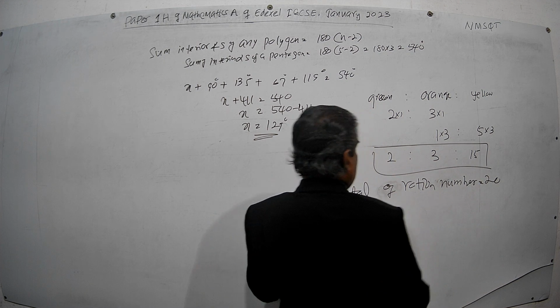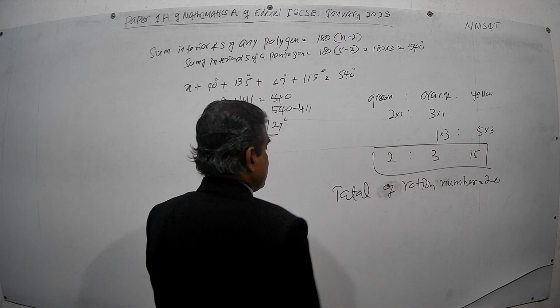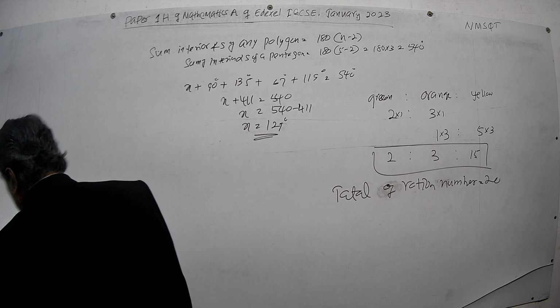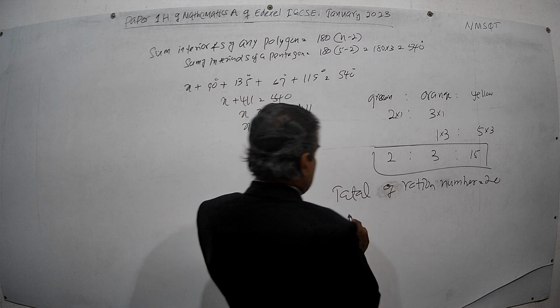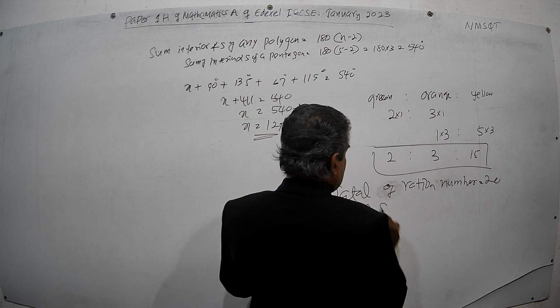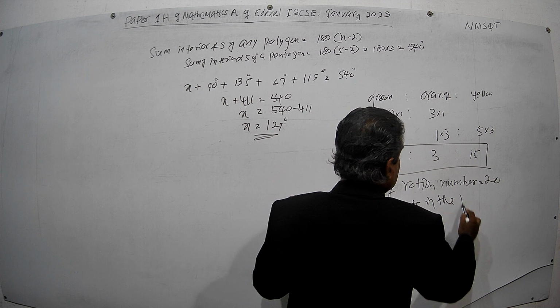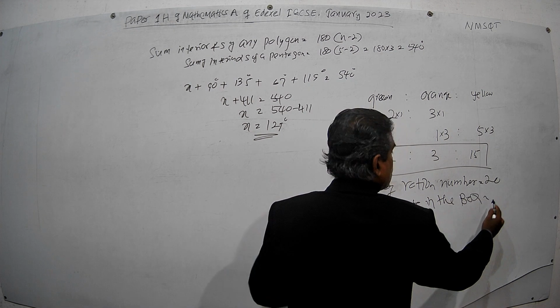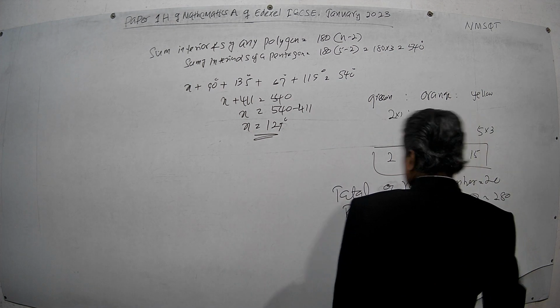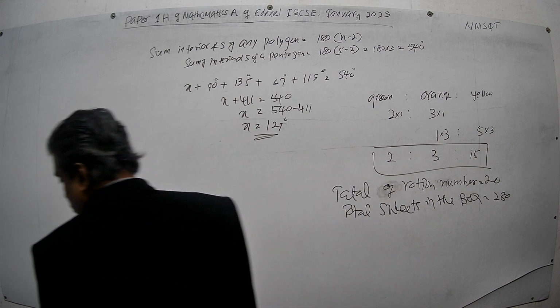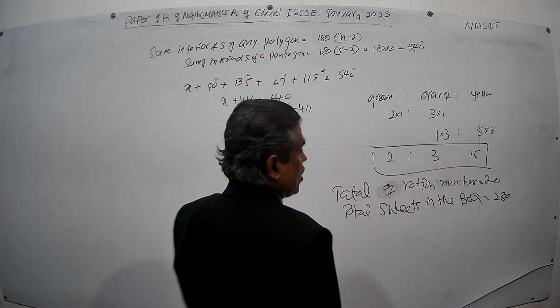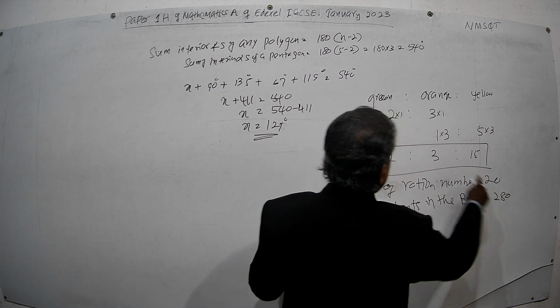Now the total seats in the box, how much? 280. Then the number of green seats equals, out of 20, 2 are green seats.